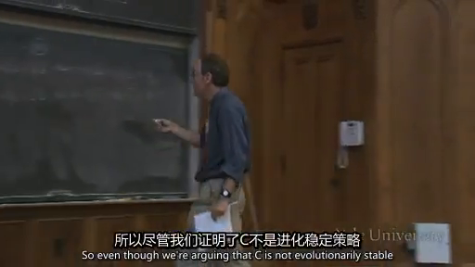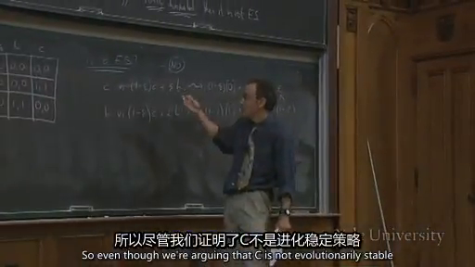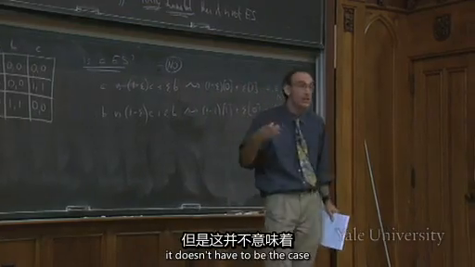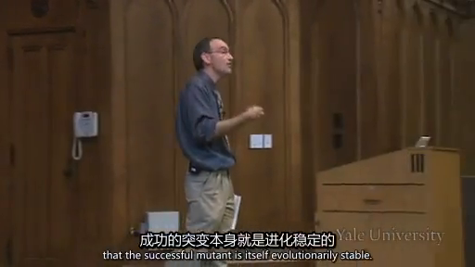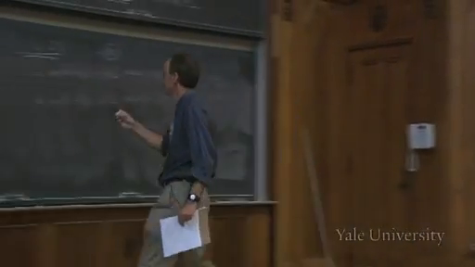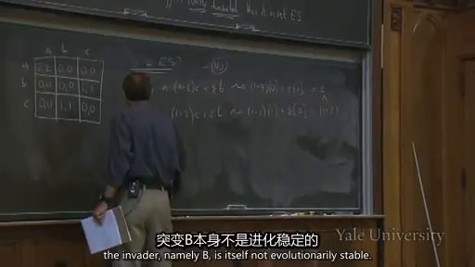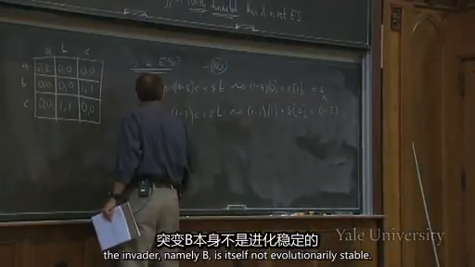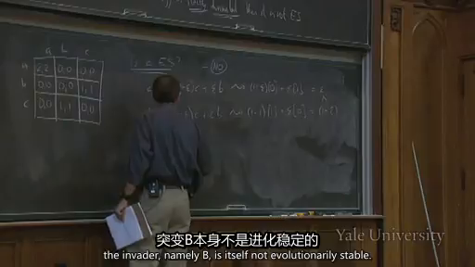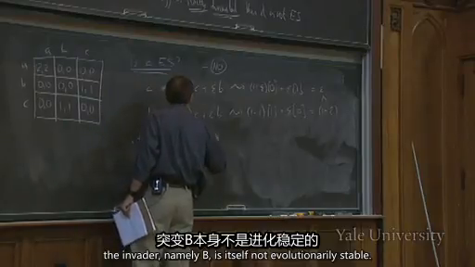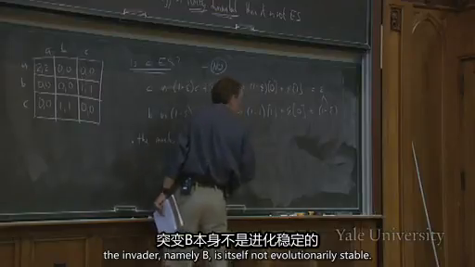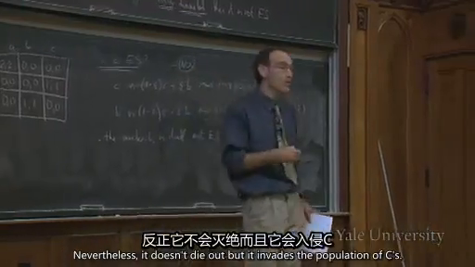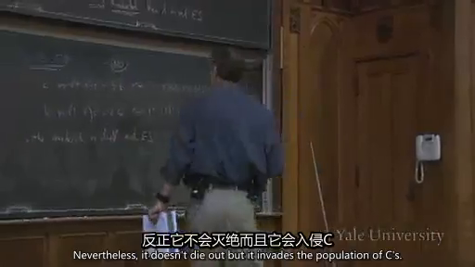So even though C is not evolutionarily stable because it's invaded by B, the successful mutant doesn't have to be evolutionarily stable itself. In this example, the invader, namely B, is itself not evolutionarily stable. Nevertheless, it doesn't die out when it invades a population of Cs.